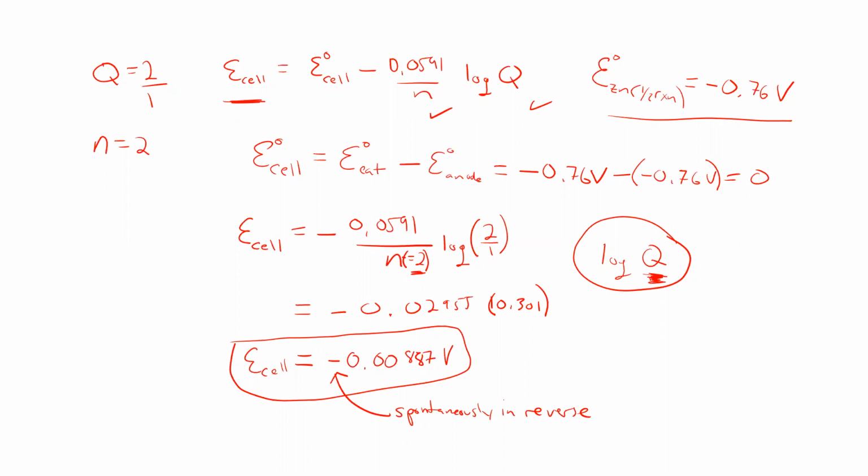And so that's what you have with a concentration cell. The idea is that it's based on the concentration of the products and the reactants, where the products and reactants just happen to be coming from the same chemical reaction.